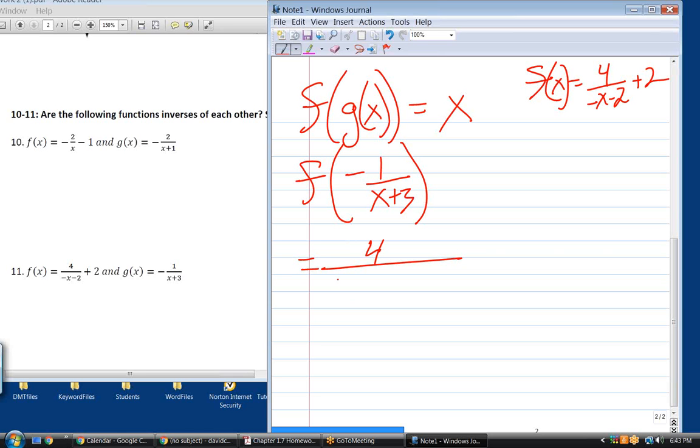Okay, I'm not quite sure I heard you correct, but correct me if I write it wrong. We're writing 4 over, and wherever we find x, we're substituting what's in the parentheses. Correct? Yes. Okay.